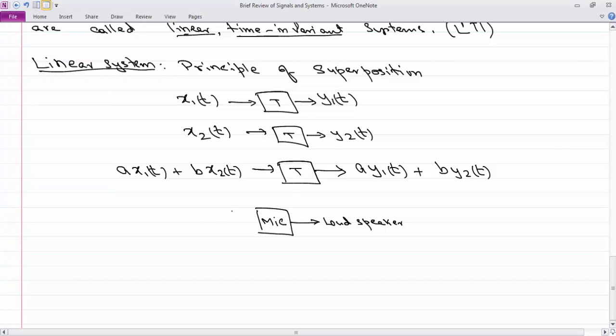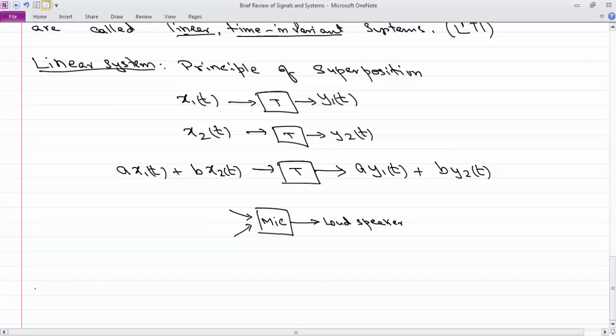But if both of us simultaneously speak, what happens? You hear the same output superimposed on each other. Right? So that's a linear system. Circuits without any active elements are typically also linear, right? So linearity is just, it obeys the superposition property, but it has to obey it for all possible inputs. Keep that in mind.